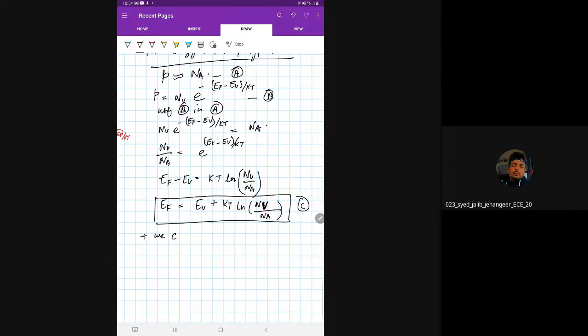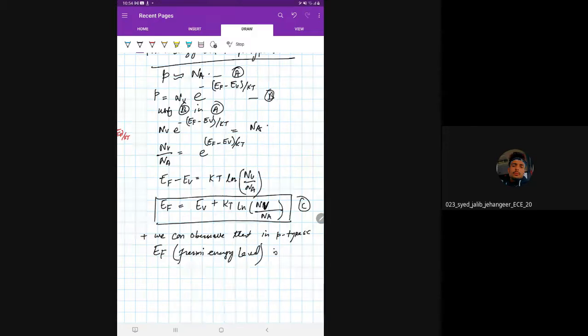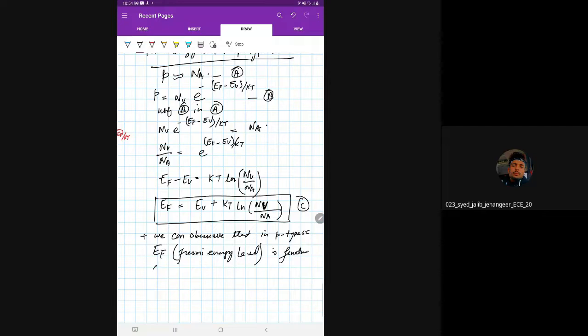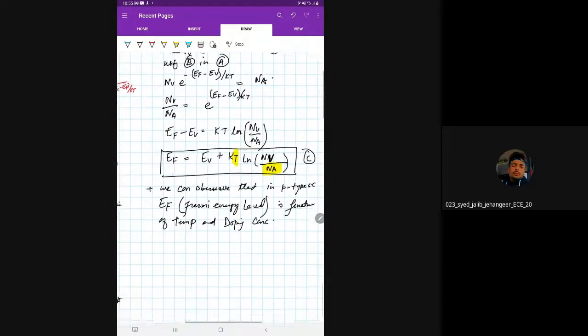So we can observe that in p-type semiconductors, Fermi energy level EF is a function of temperature and doping concentration. Okay, because you have temperature term here and you have doping concentration also in the term.